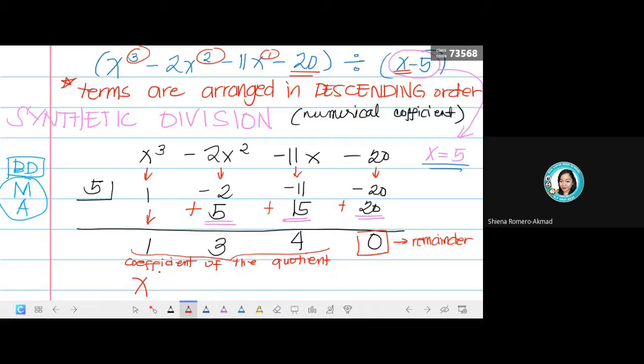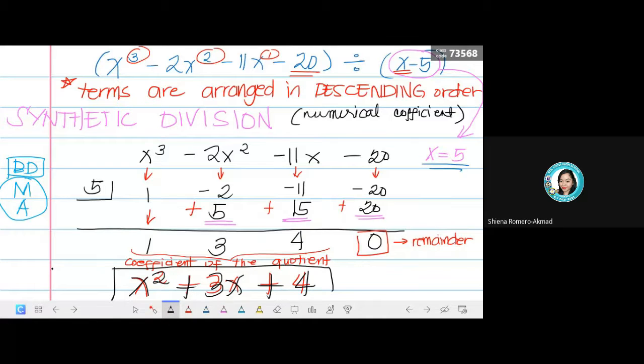So, x squared, plus 3, anong sunod sa x squared? Sunod ay x. Correct. Plus 4. So, magiging answer natin ay x squared plus 3x plus 4.